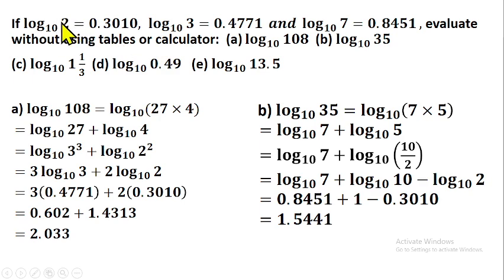For example, you are given the value of log 2 to be 0.3010, log 3 to be 0.4471, and log 7 to be 0.8451. You have to evaluate log 108, log 35, log 1 over 3, log 0.49, log 13.5 using these predefined values of logarithm given to us.